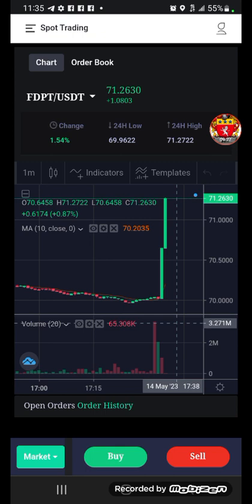This is spot trading. There's hike number 2 for 71.26.